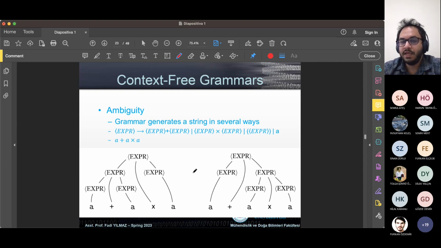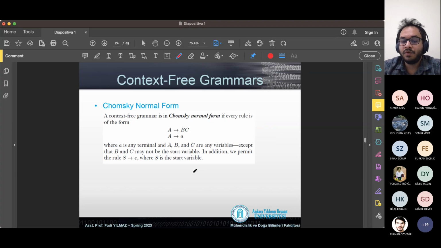And ambiguity is actually not useful, but we're going to talk about it later on. Okay, guys? But this shows there's not just one way to generate a string. So if you cannot find a way, you can just try the other ways.